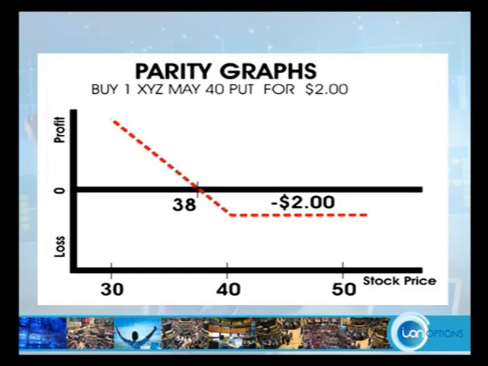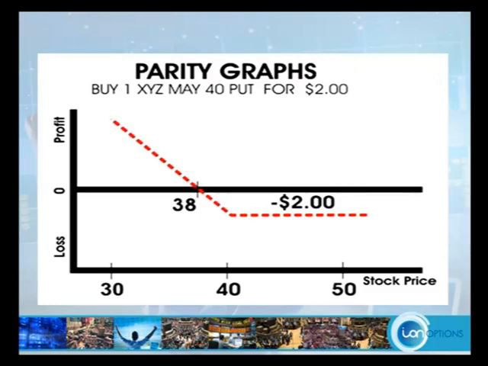If we buy a May 40 put for $2, we know we can only lose what we spent. Our maximum potential loss is the $2 we spent for the option. We see our inflection point at the 40 strike.